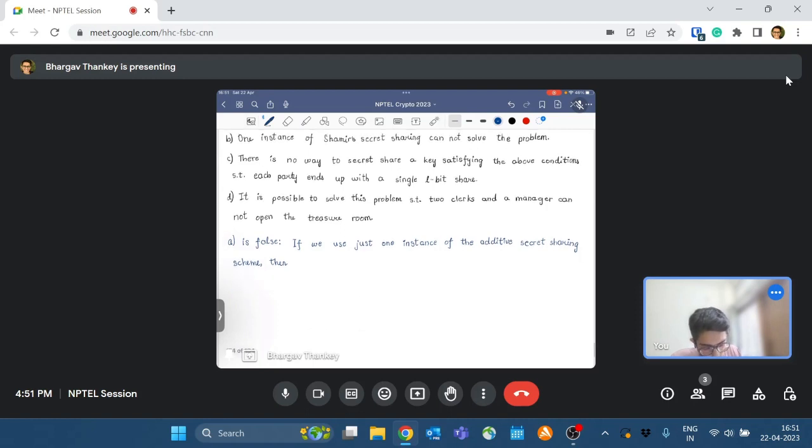Recall that if we execute the additive secret sharing scheme with five parties, it would be a 5, 4 secret sharing scheme.